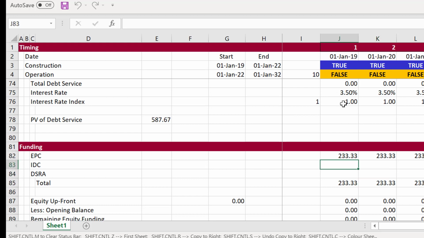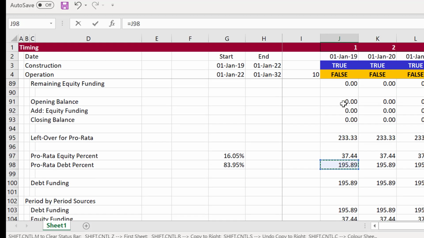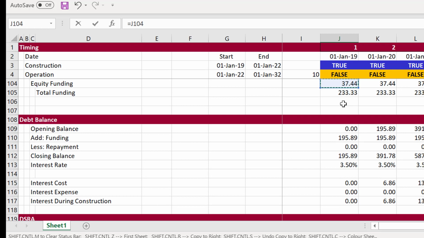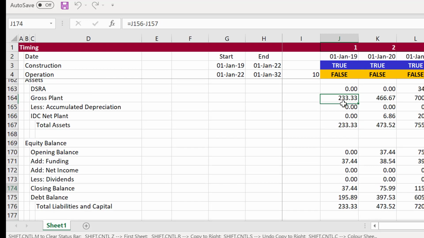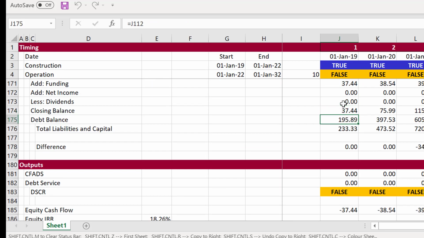Now, so let's put an equal sign and get the IDC down here. Okay. And now, that's okay. It still doesn't have a circular reference, so we fixed that one.